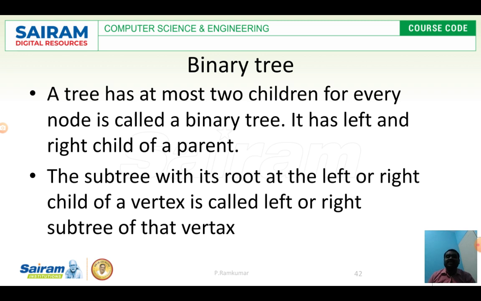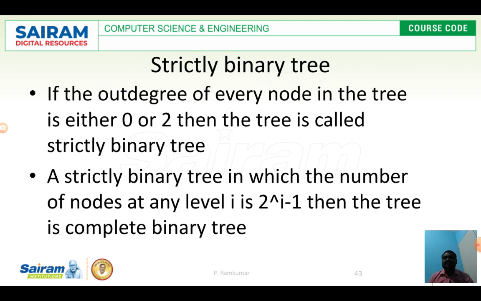Next one is the binary tree. A binary tree has at most two children, only then is it called a binary tree. That is, a parent node with a left child and a right child. When compared with the root node, the left child has the smaller value and the right child has the larger value. The subtree with its root at the left or right child of the vertex is called the left subtree or right subtree.